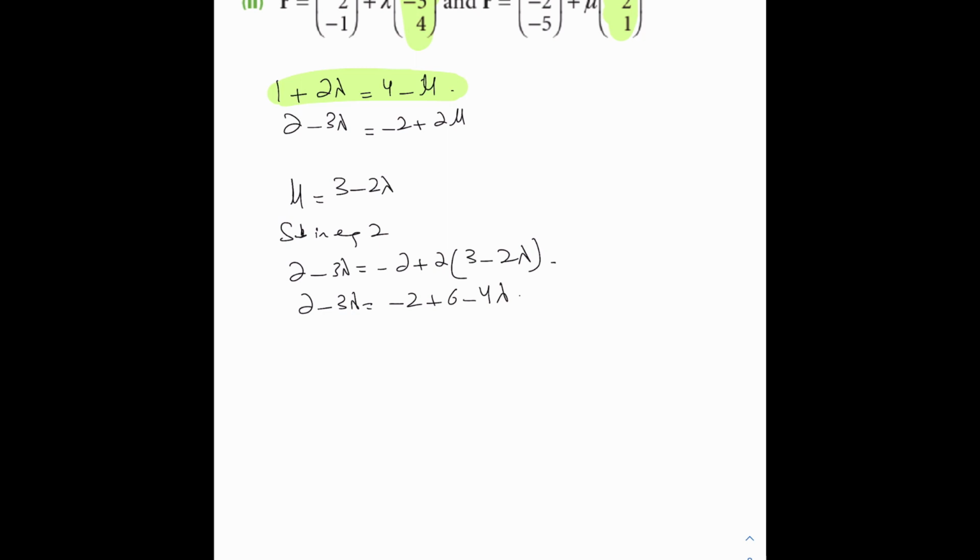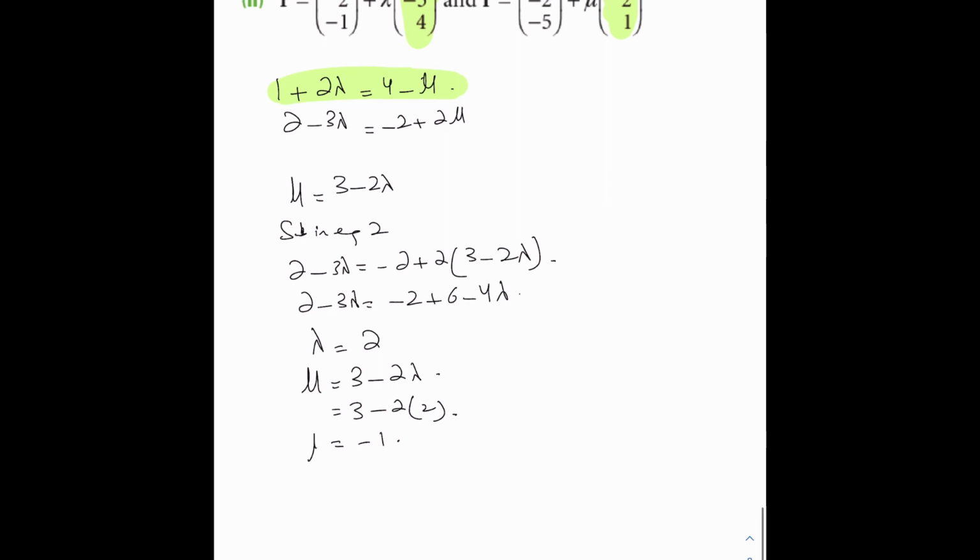Okay, 4 lambda minus 3 lambda is lambda. 4 minus 2 is 2. Okay, so mu is 3 minus 2 times lambda, which is 3 minus 2 times 2. 3 minus 4 is a minus 1. So we have lambda as 2 and mu as minus 1.